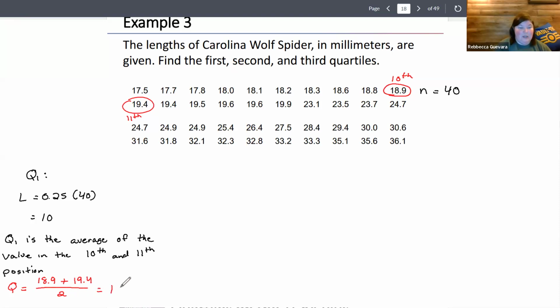Divide by 2, and I get 19 something. Let me put it back in my calculator. Sorry about this. There you go. Yeah, 19.15.